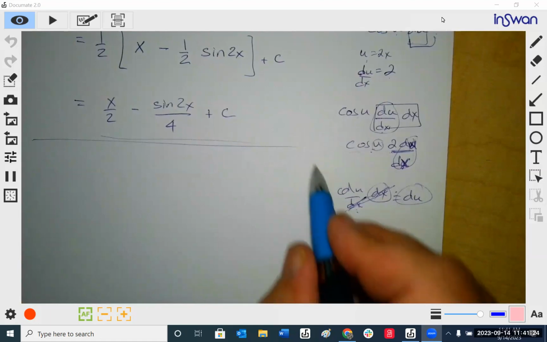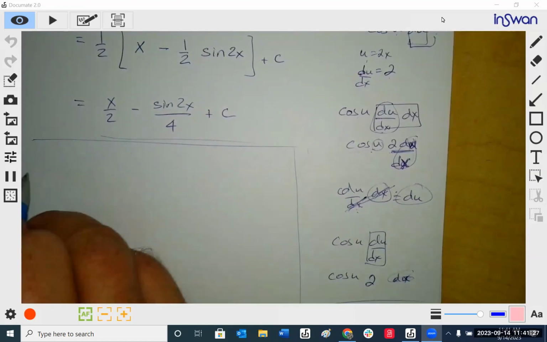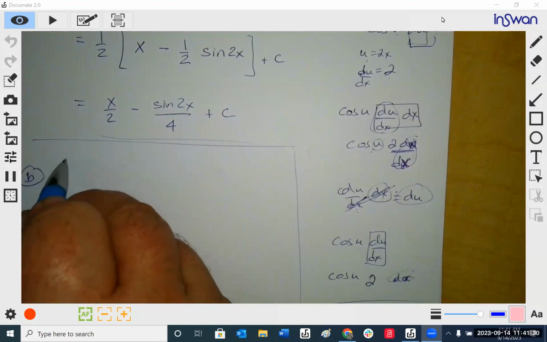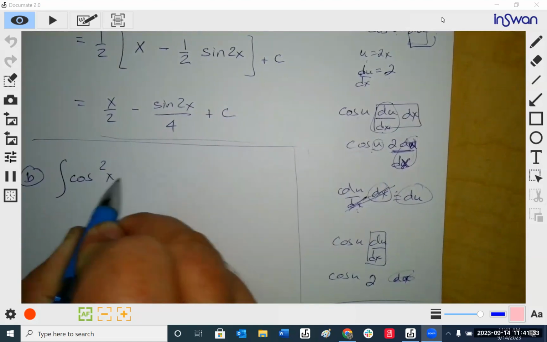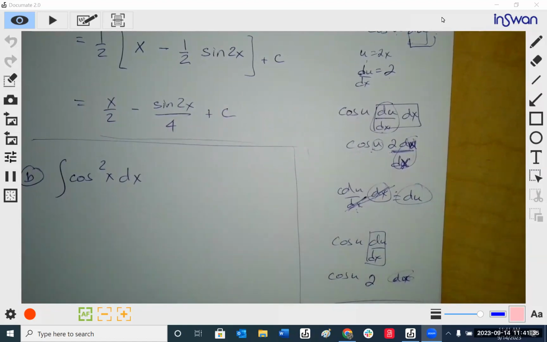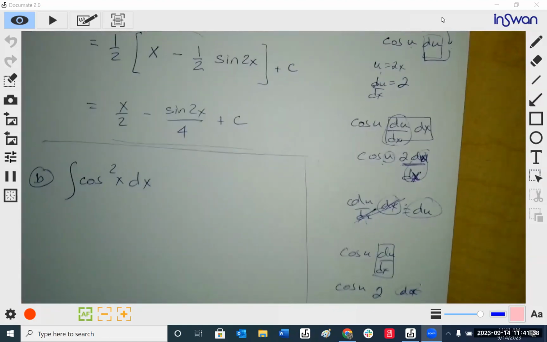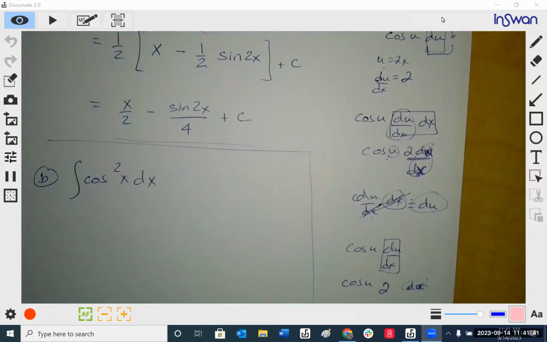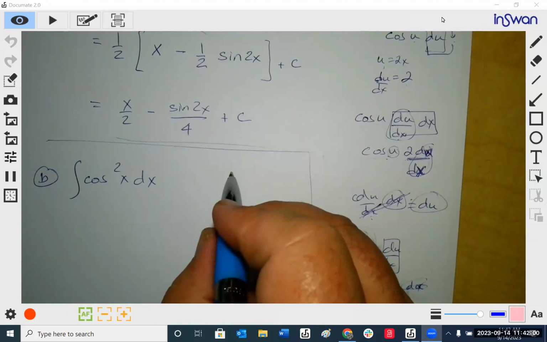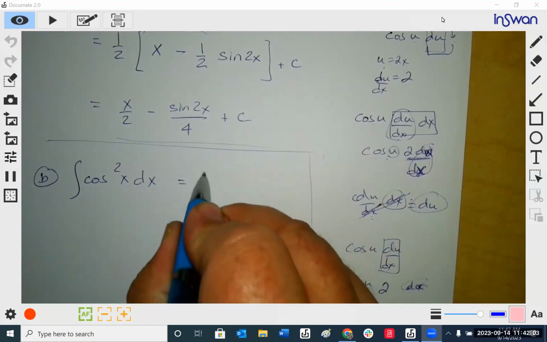All right, let's look at another one. B: the integral of cosine squared x dx. Yes, you could use your cheat sheet and see 1 minus sine squared, but we don't want exponents. So what is cosine squared x being rewritten as? What is u? Or what is this equal to?